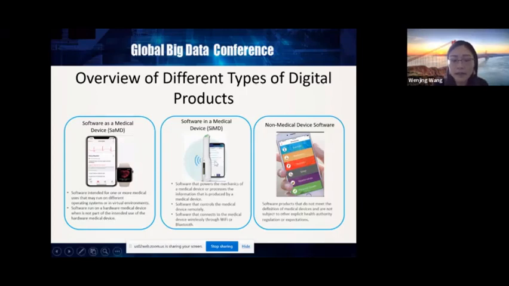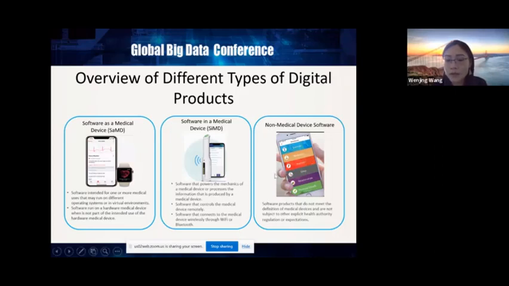For instance, like this one, the software could control the medical device via Bluetooth, and in that case they also form a system and work together as a medical device. The software could also connect to the medical device wirelessly through Wi-Fi or Bluetooth. In those scenarios, you would consider the software as in a medical device, and the software and the hardware together are considered a medical device as a system.